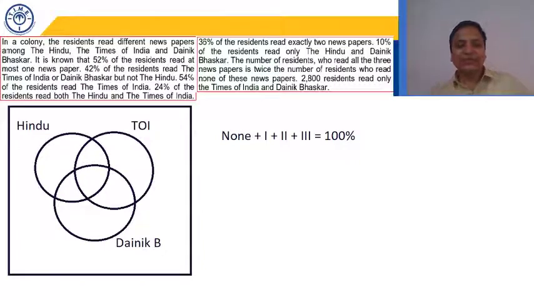Next, move to the next set of questions. Now, we are solving by a different approach. In this set, various instructions are given in the form of a small paragraph. But one premise which we already know is none plus exactly 1 plus exactly 2 plus exactly 3 is 100%.